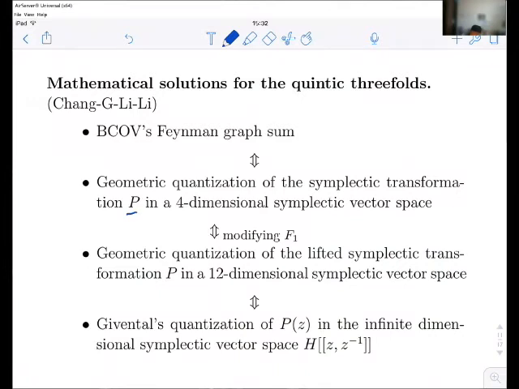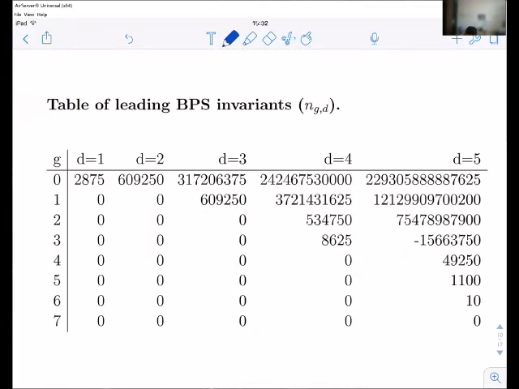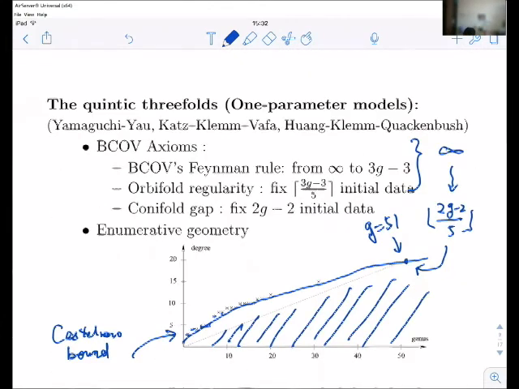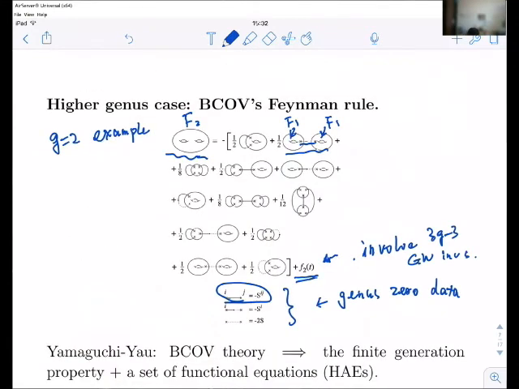So what is P? This P is exactly the propagators that appear in BCOV's Feynman rule, because in this Feynman rule we want to compute some higher genus Fg. Then on the right hand side you will need to put some Sij on these edges, and then you put some Fg on some lower genus curve.